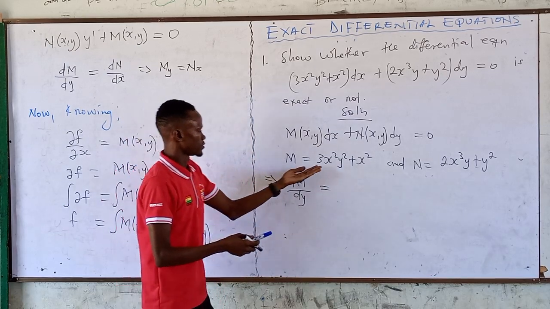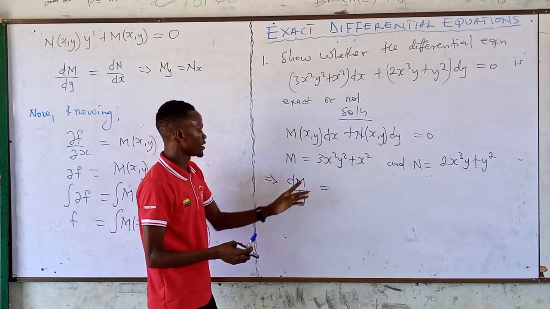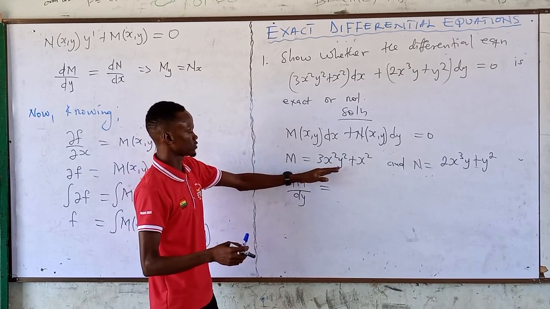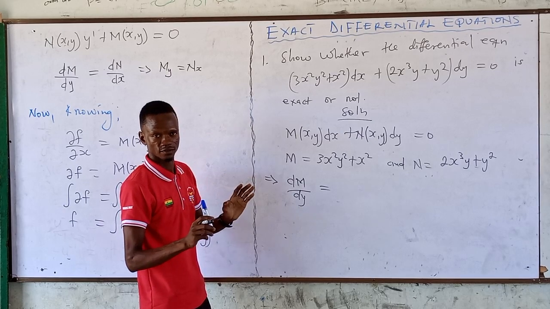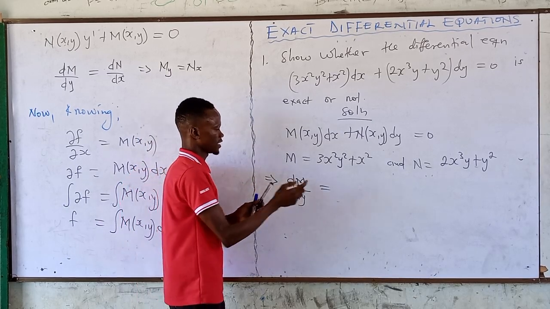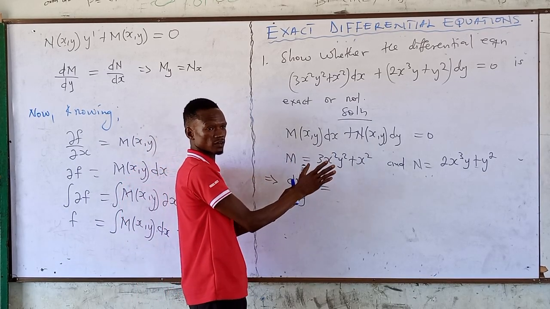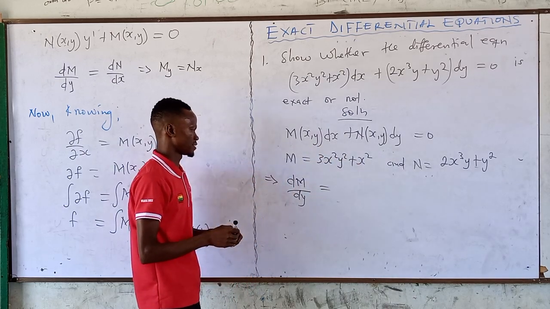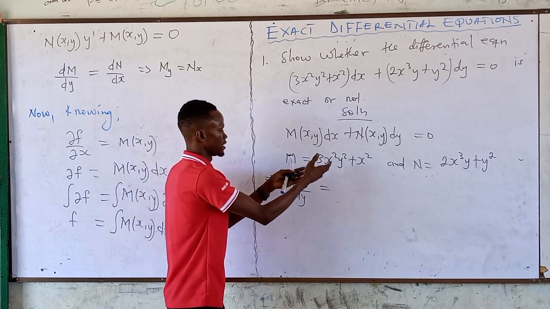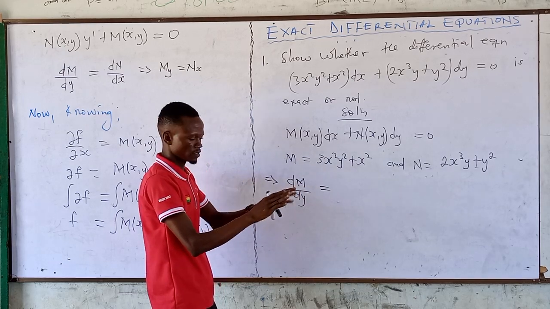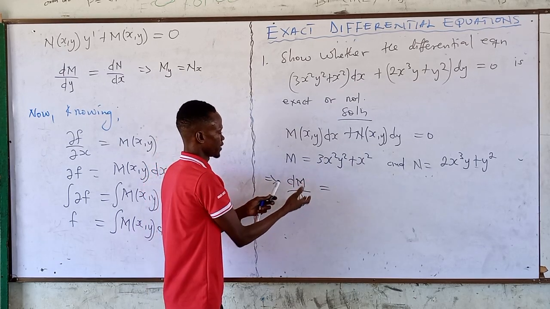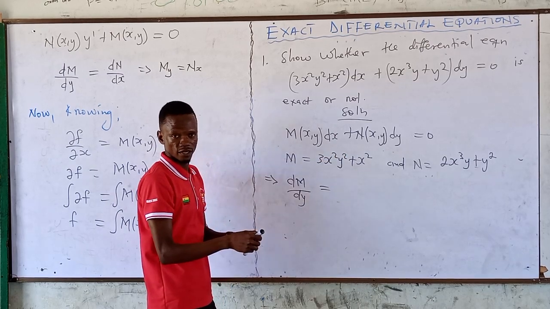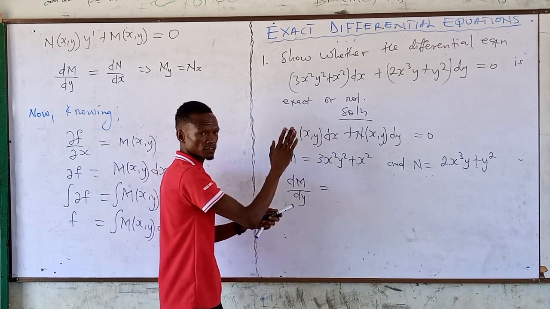Now, this function. If we are differentiating it partially with respect to y, anything that is not y here is a constant. So the x squared is a constant, and wherever we see x, it is a constant. To differentiate this, we differentiate only the y squared because the 3x squared is a constant.